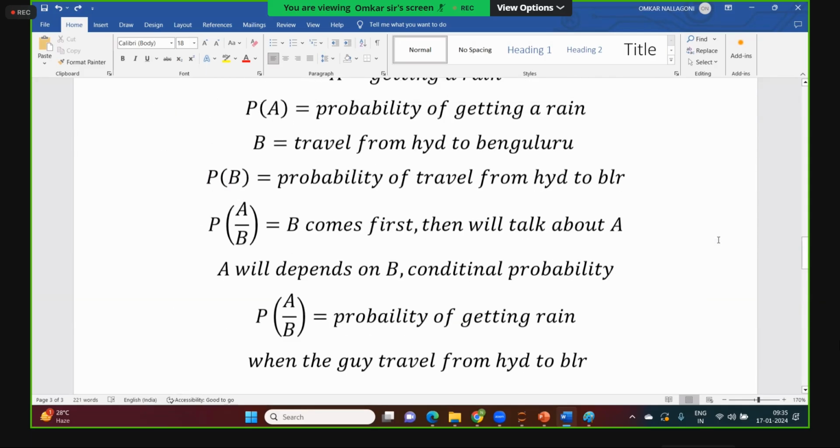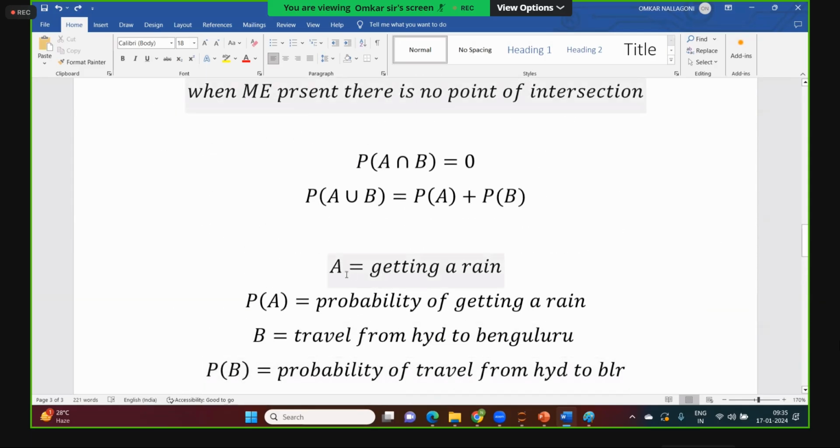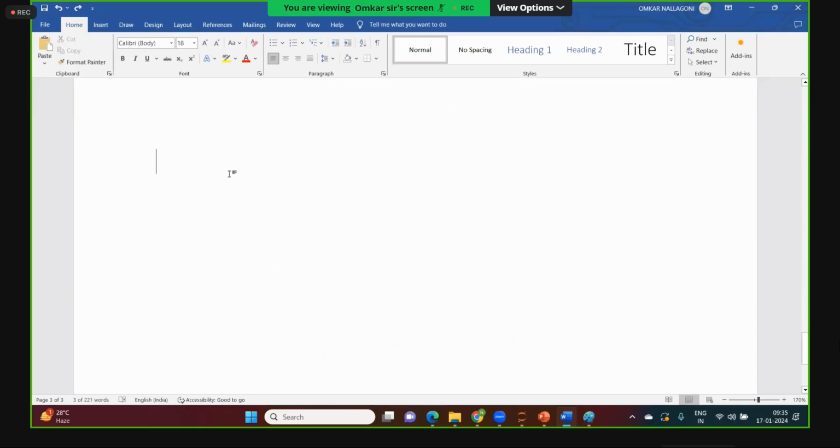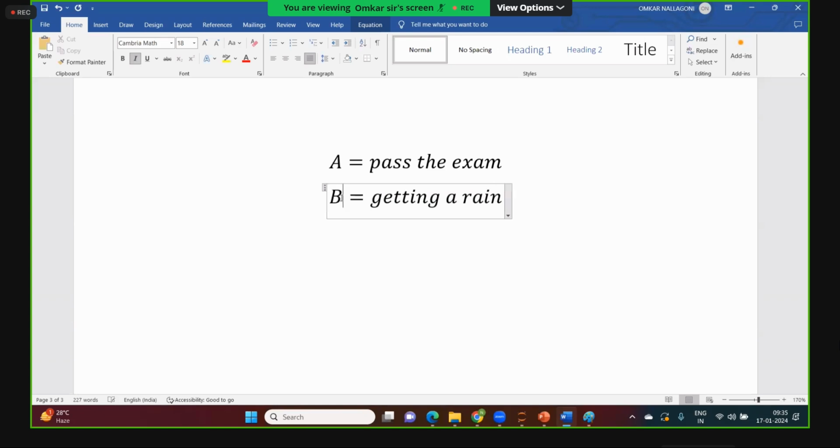Now similarly, suppose I give two events. Now you tell me the events: A is equal to passing the exam, and B is equal to toughness of the question paper.